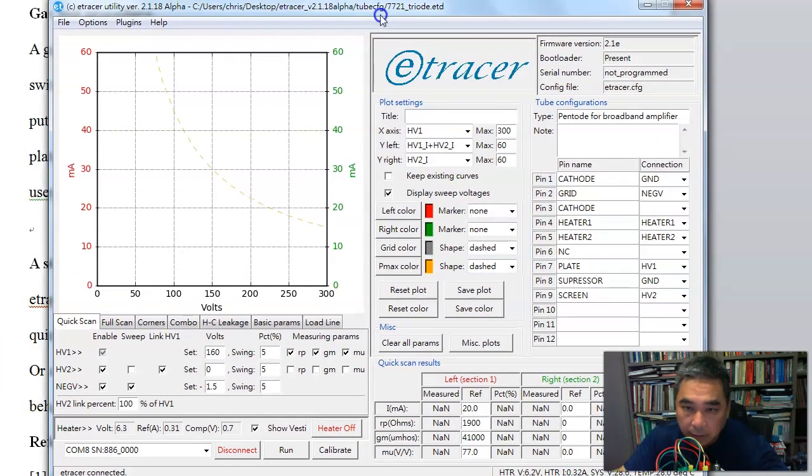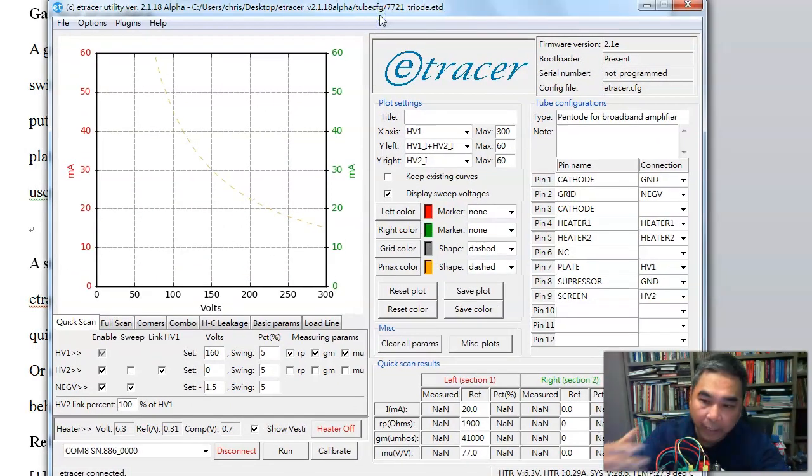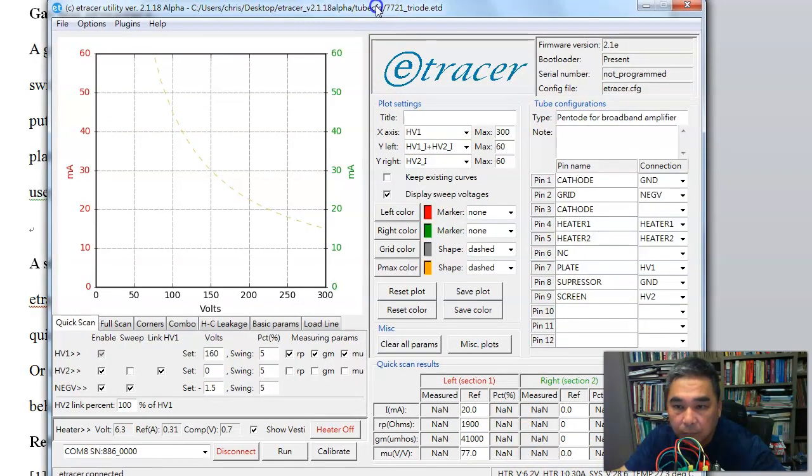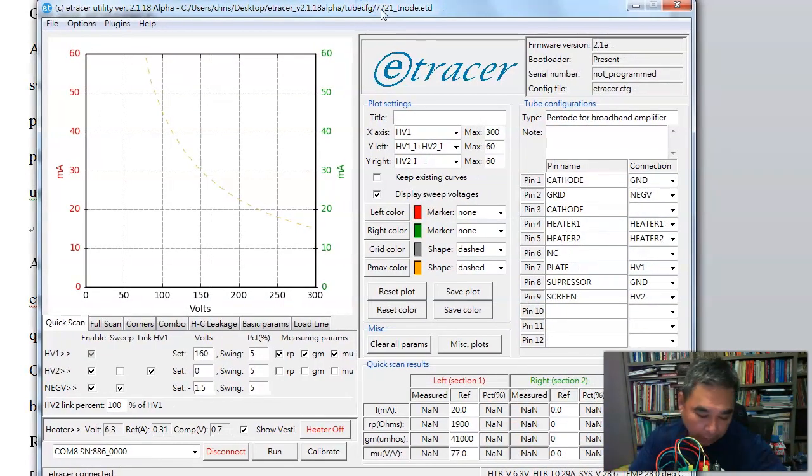This is the D3A, and the heater has been turned on for a long period of time. I got this D3A from Anthony Graham, as I said at the beginning of this video clip. Firstly, we put the switch at the short position, and we run a quick test.